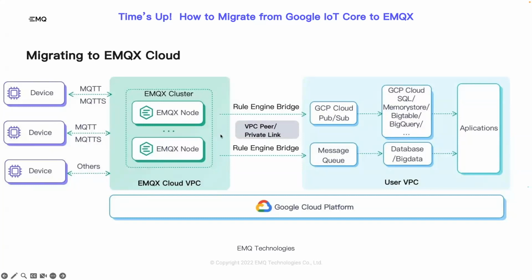And so that cluster integrates with GCP Cloud Pub/Sub, and then just as normally you're able to use those backend applications, those backend features that you're used to, to process that data, whether that be some type of SQL service or AI service that you're currently using.